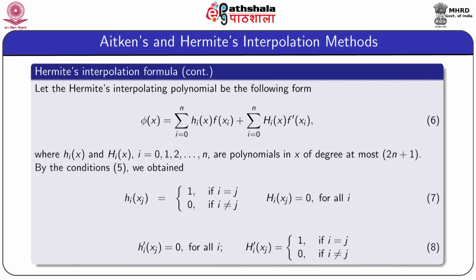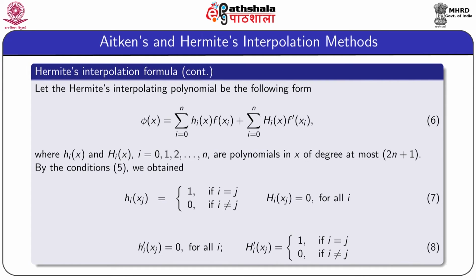So, finally, phi x is a polynomial of degree at most 2n plus 1. By the condition of the interpolating polynomial, we obtain small h i at x j equal to 1 for equal i and j, and it is 0 for different i and j, and the condition for capital H i at x j equal to 0, and this is true for all i.